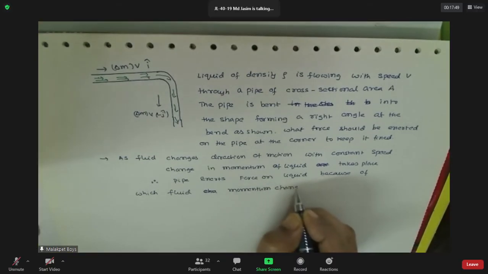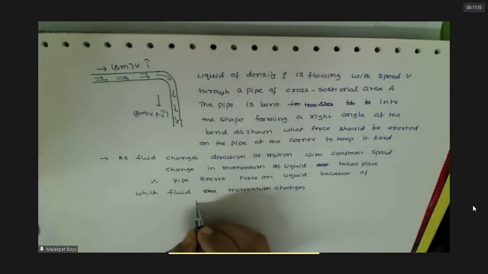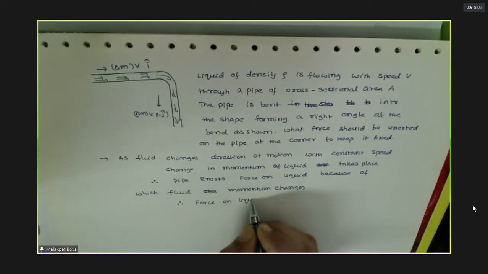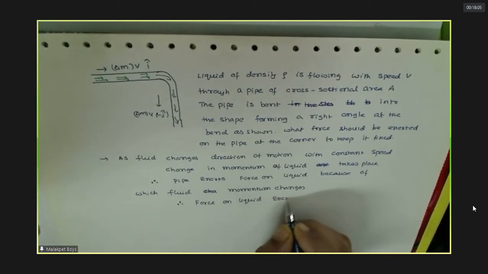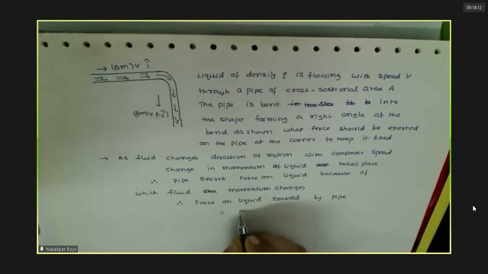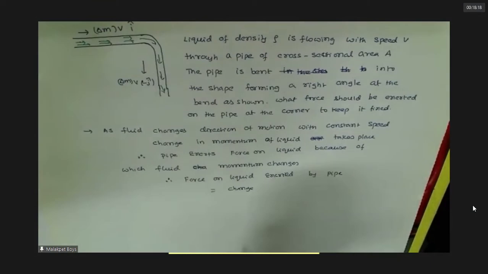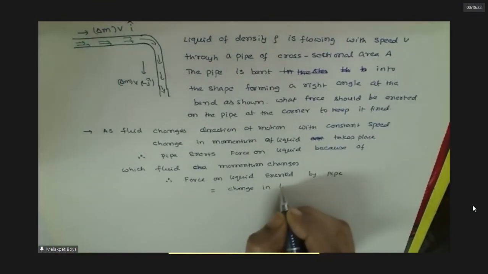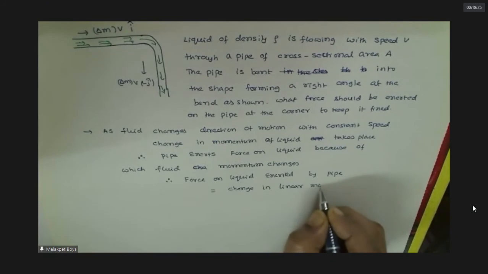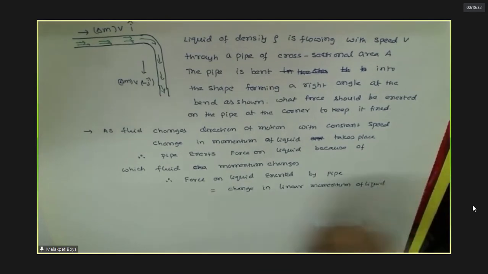Clear? So here, what we can say is the force on the liquid is equal to minus change in linear momentum of the liquid by delta t.